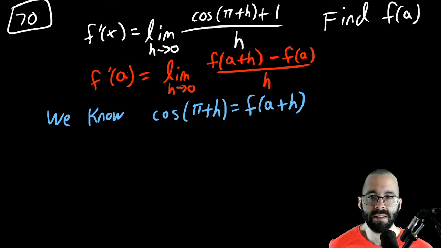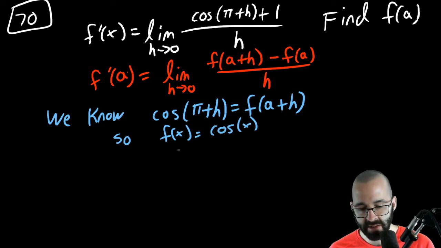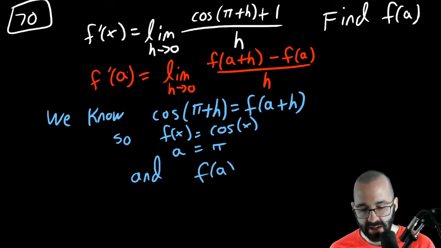It's going to be cosine of pi. So right here, f is the function that's cosine. h is h. So a has to be pi. So the function is cosine, a is pi, and f of a is just cosine of pi.